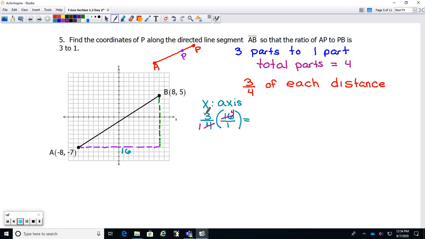So across the top when I multiply, 3 times 4 is 12 over 1. So it's telling me I need to add 12 units to the x coordinate where I started.